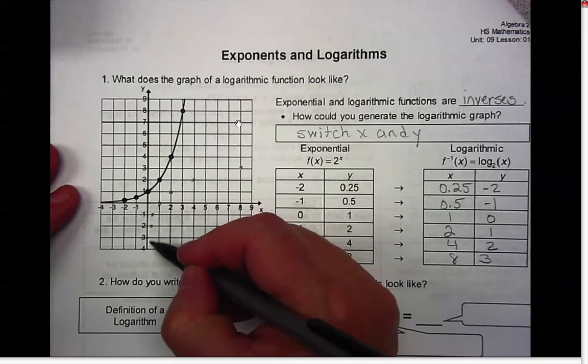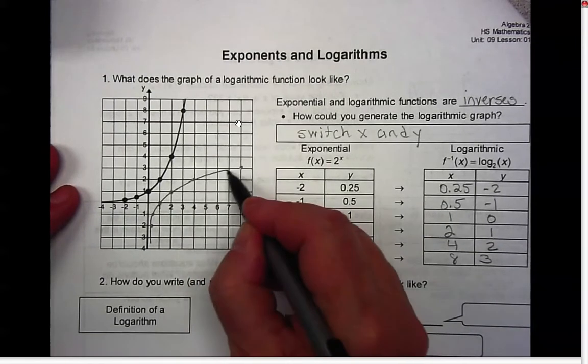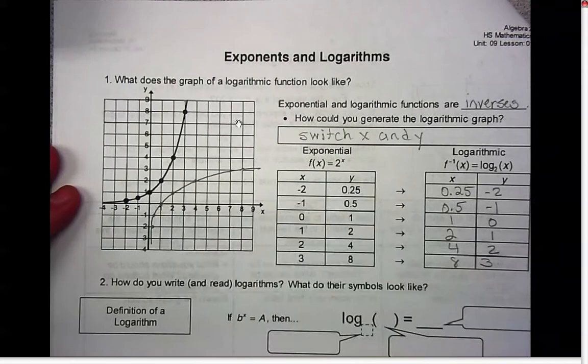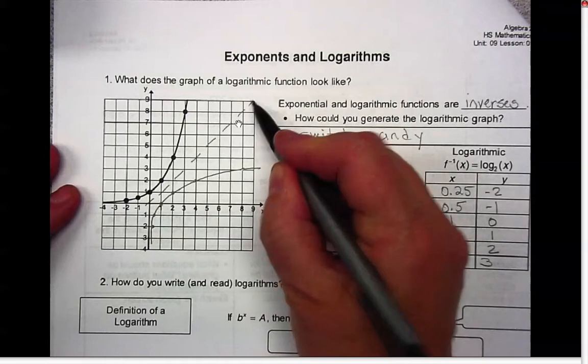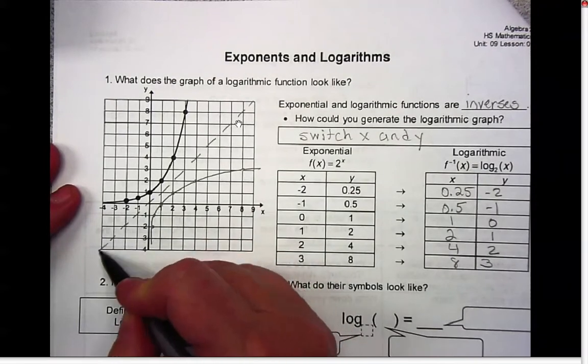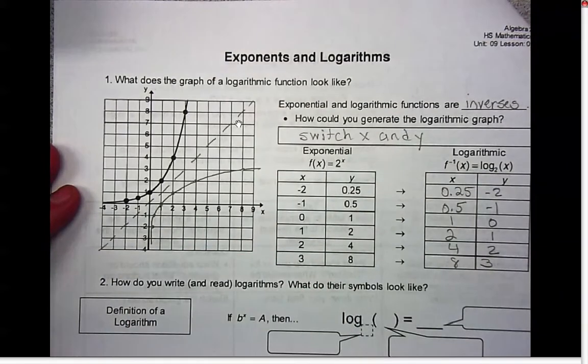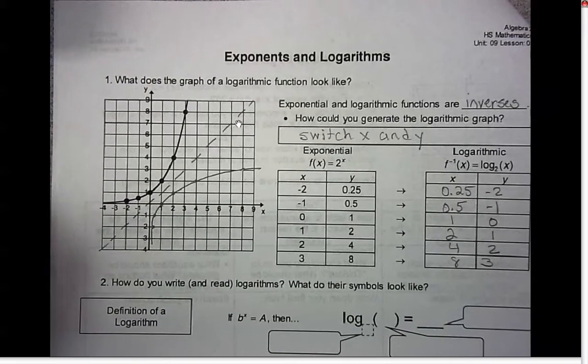Then we connect the points with a smooth curve. And we notice that it is reflected over the line y equals x, which is another definition of an inverse. So exponentials and logarithms are inverses. That means they undo each other.